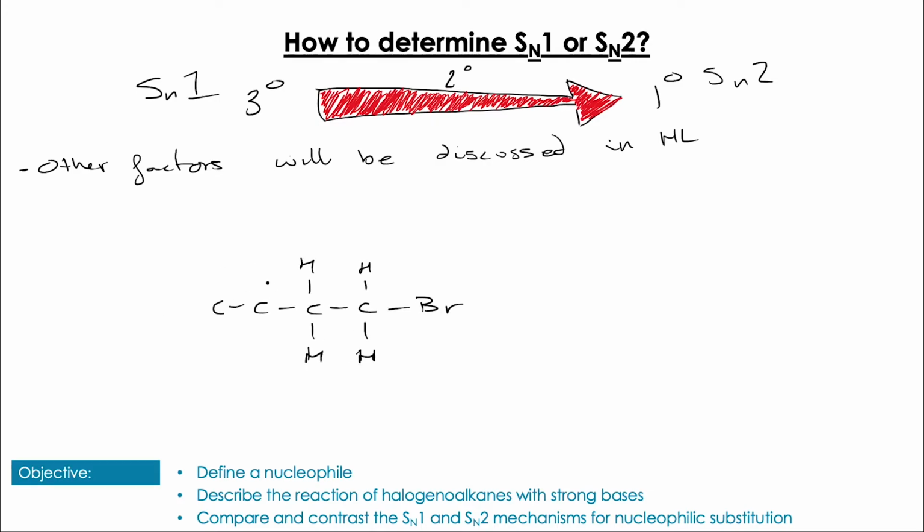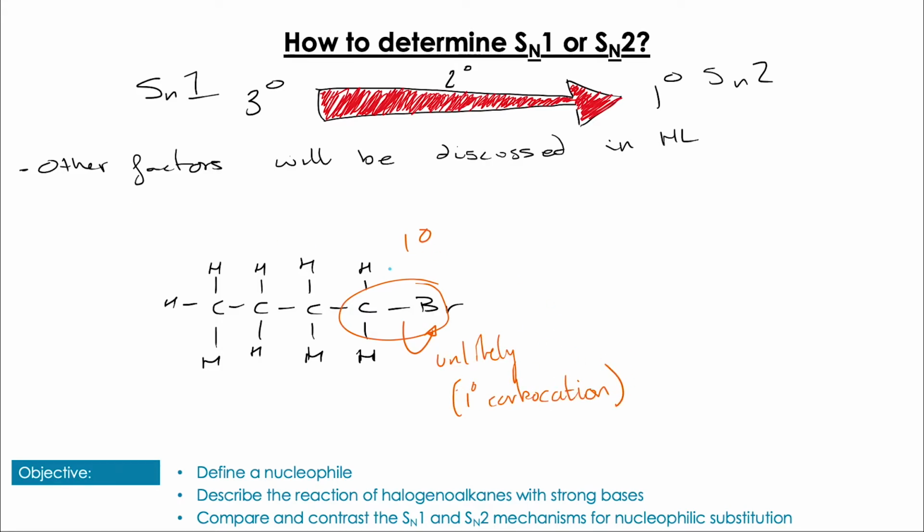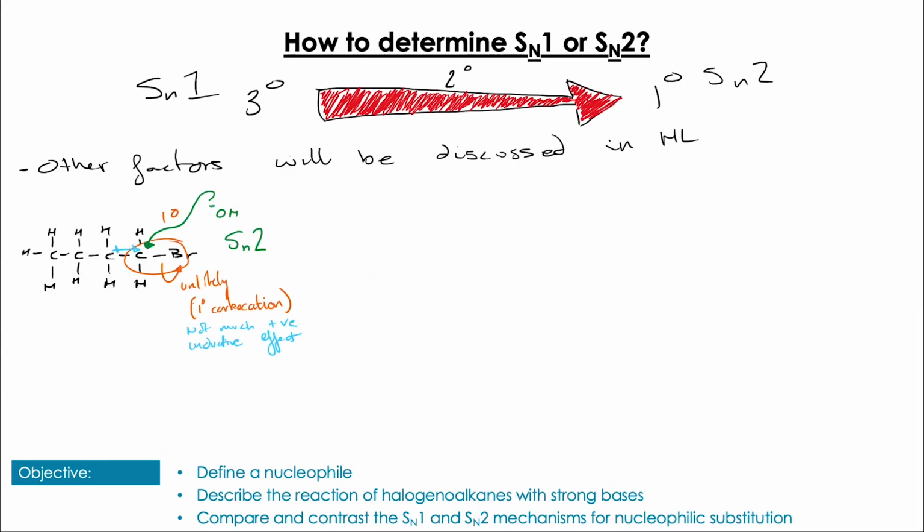So if we have a primary halogenoalkane, we know that because the heterolytic bond break is unlikely, we're unlikely to form a primary carbocation because of the lack of positive inductive effect. So we're going to get an Sn2 reaction because that transition state can stabilize the reaction.